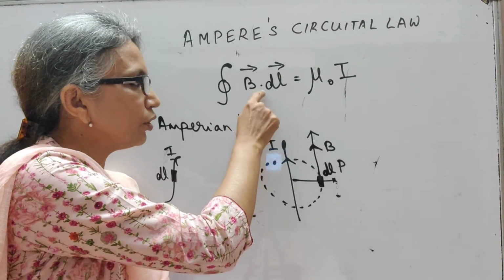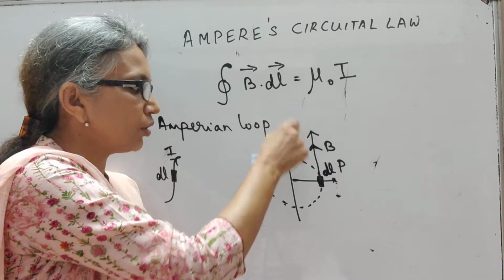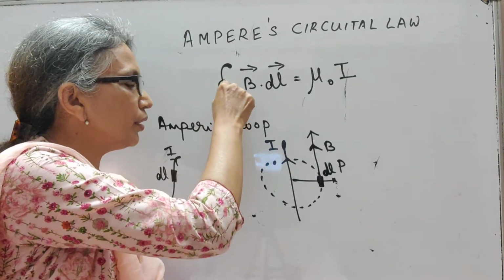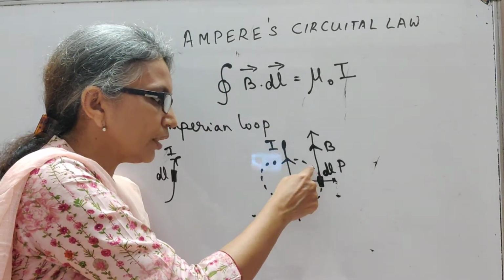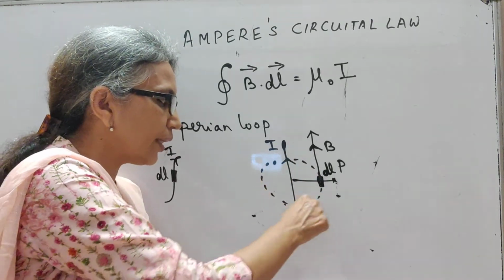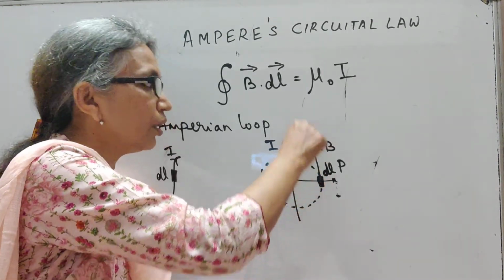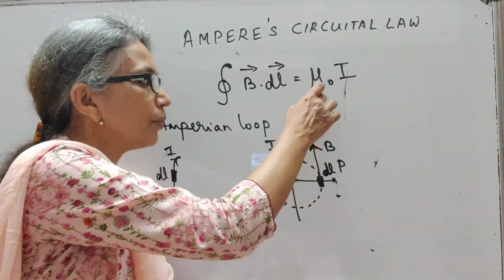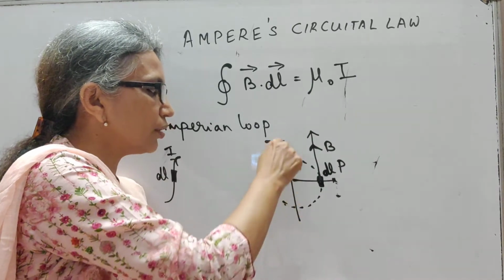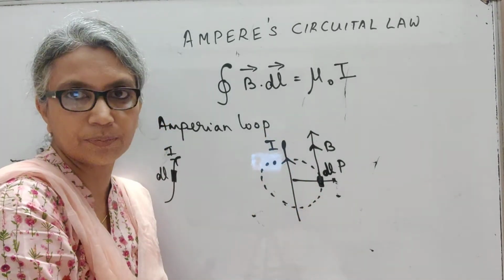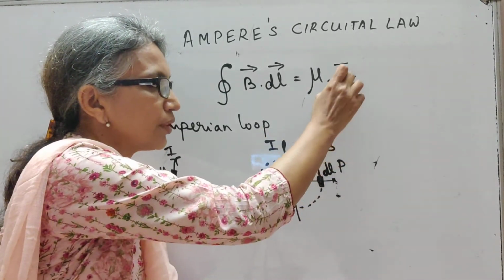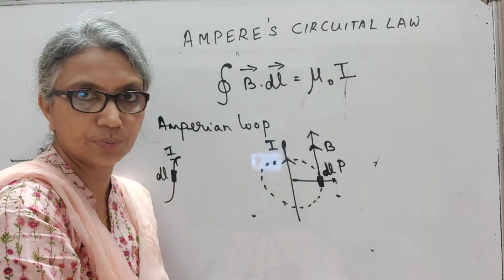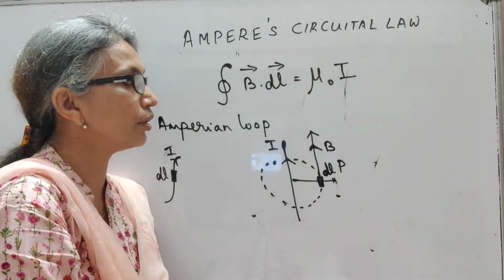Then the closed line integral of B dot dl should be equal to mu 0, the permeability of medium, times the current enclosed by that Amperian loop. So mu 0 times I will be the current enclosed by the Amperian loop.